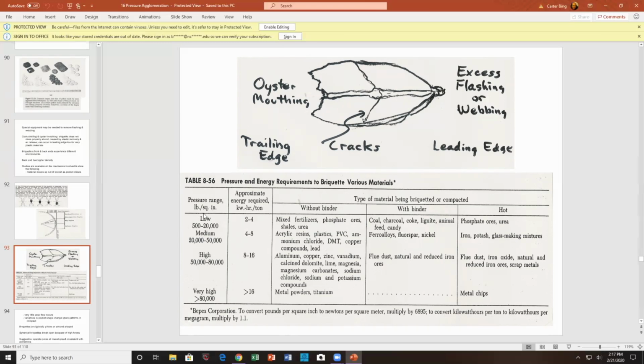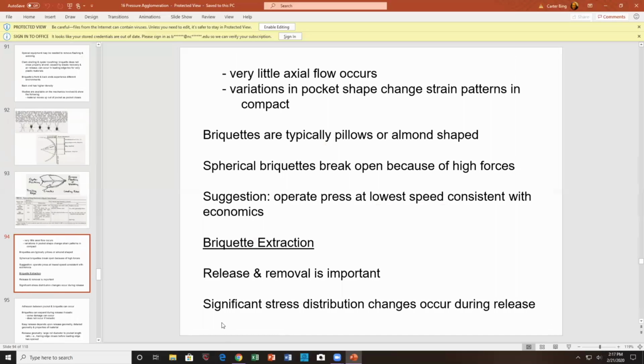That is high. 500 PSI. Without binder, with binder, and hot stuff. Flue gas dust. Anyway.